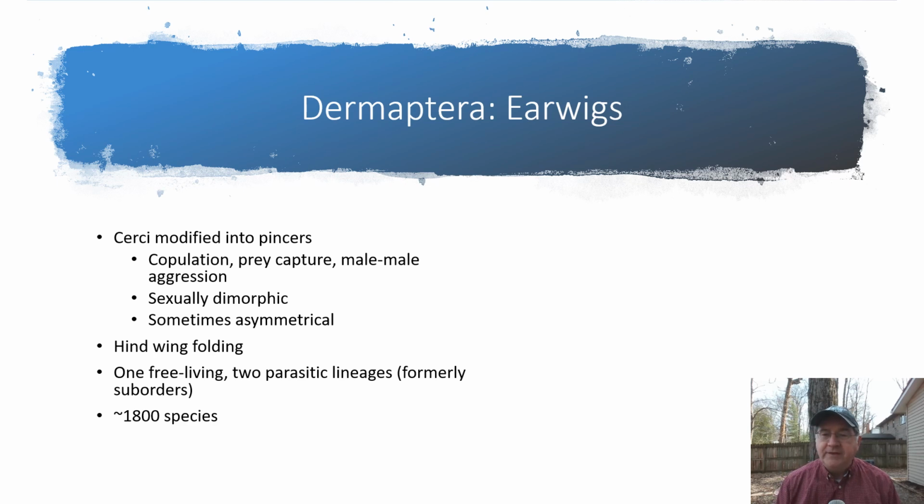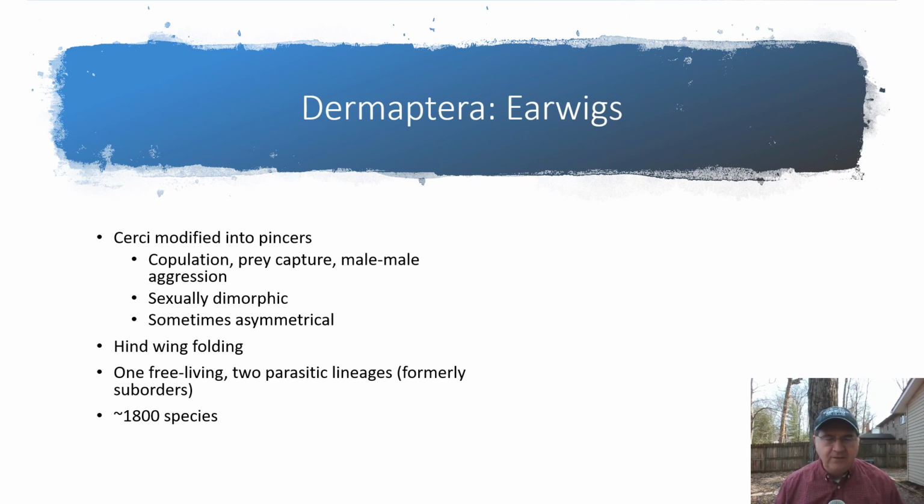Anyway, moving on to the earwigs, the order Dermaptera. By and large, I'm sure you're all familiar with earwigs. The vast majority of species of earwigs fit a kind of common body plan, in that they have short, relatively hardened forewings that serve as protective structures for the hind wings.